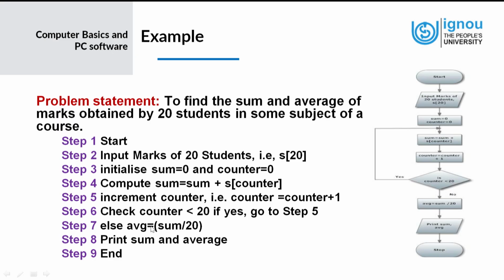How will you compute the average? Since you have 20 students, you simply divide the sum by 20, although you could have divided it by n also, because n is the number which you started with. Over here for the marks of 20 students you say n equals 20, and you can use that kind of representation. Thereafter finally you print sum and average, and that is the end of the program. So this is the way the algorithm works.